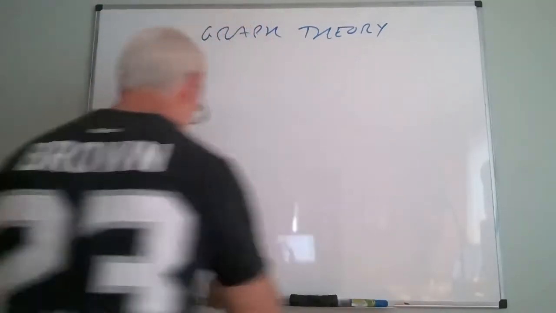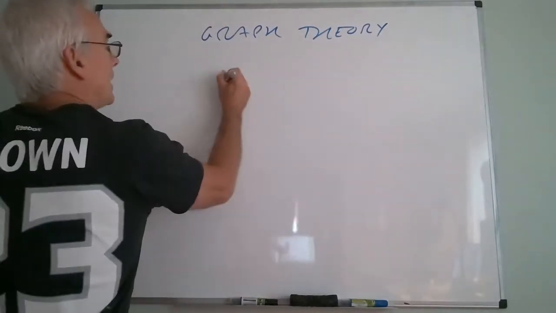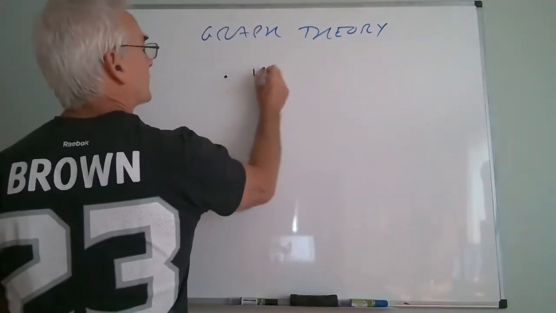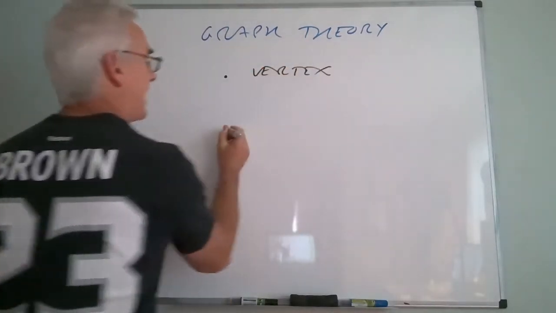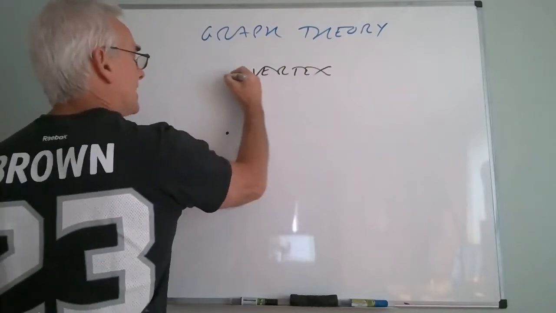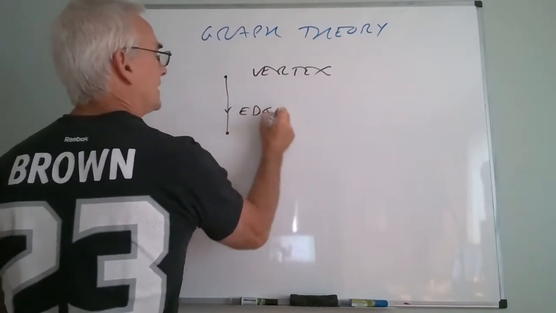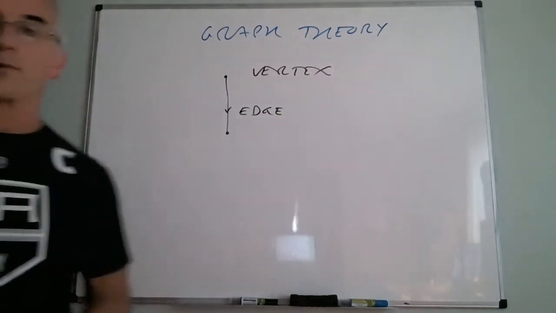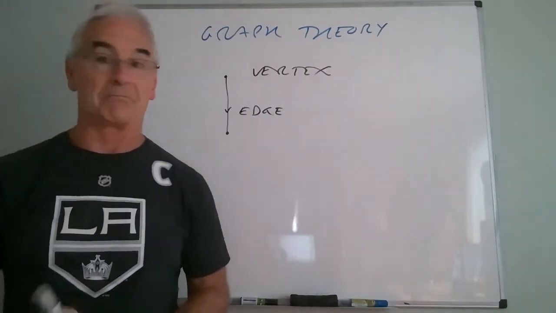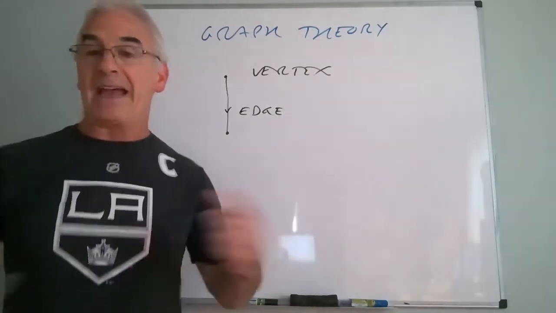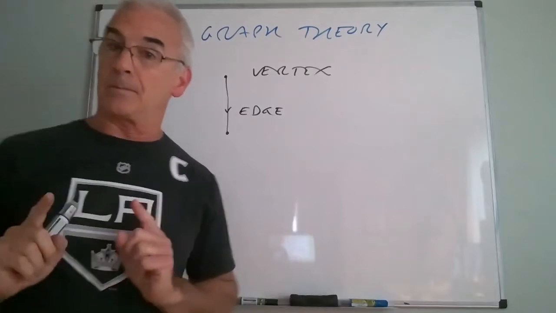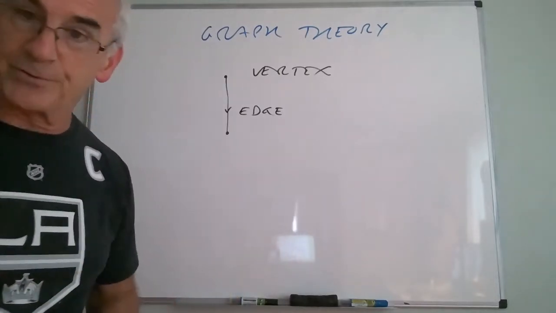In graph theory, you have 2 things going on. You put this little point here, it's called a vertex. And if I have a second vertex, then I have something connecting them, and this thing is called an edge. So you have vertices, you have edges. There's not a whole lot else going on. It's the description and in many cases the count that we are interested in.